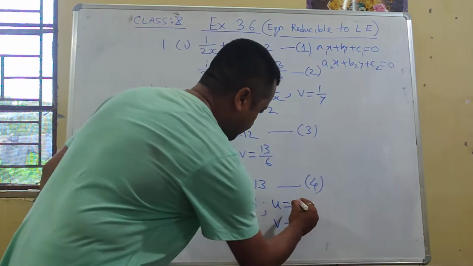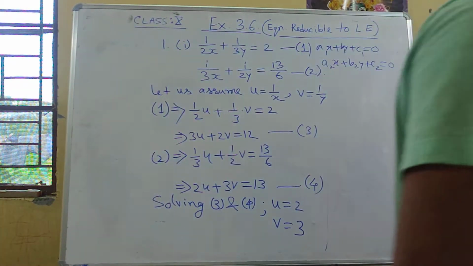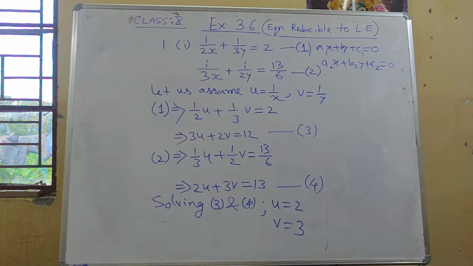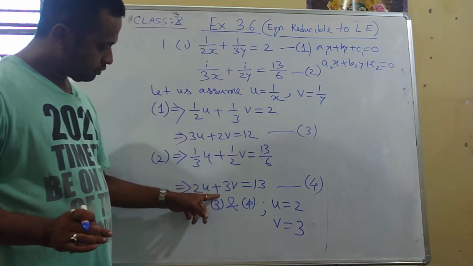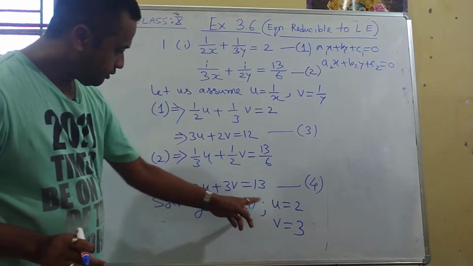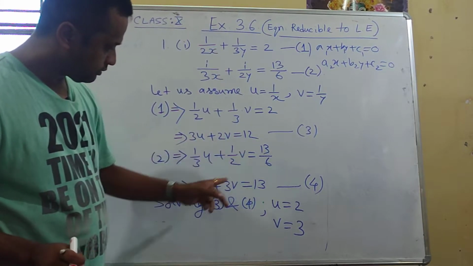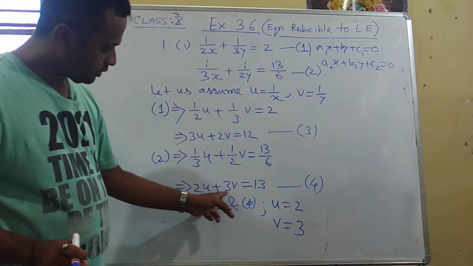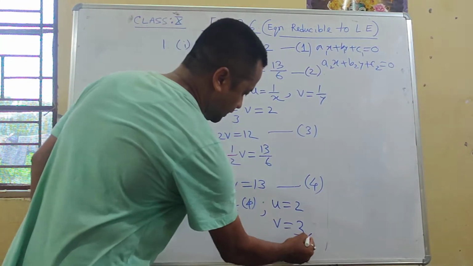So I think you will get u is equal to 2 and v is equal to 3. You can verify: 3 into 2 is 6, 2 into 3 is 6, 6 plus 6 is 12; 2 into 2 is 4 plus 3 into 3 is 9, 4 plus 9 is 13. So u is equal to 2 and v is equal to 3 is the correct answer.